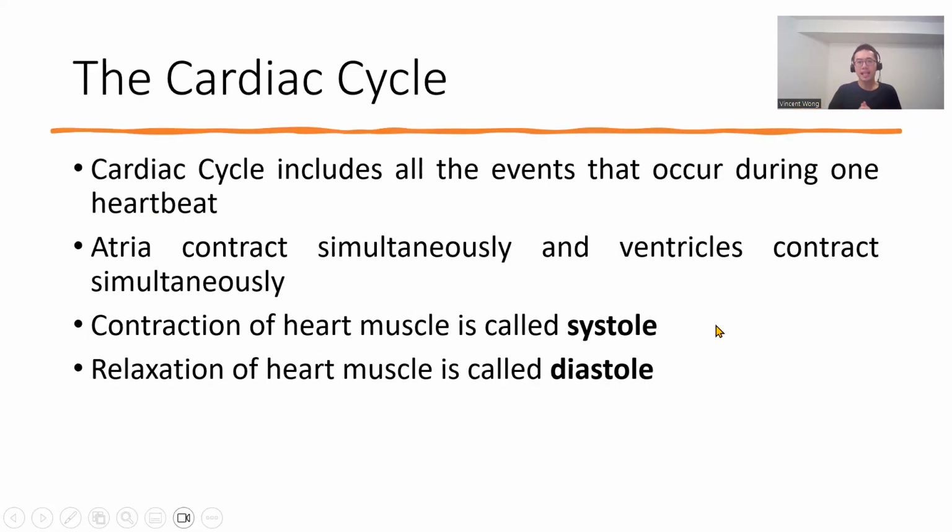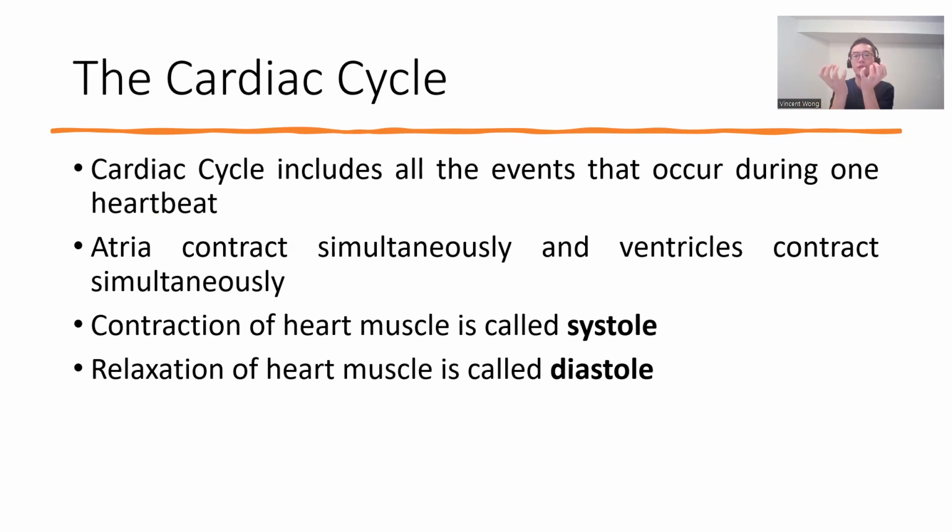So the cardiac cycle is basically everything that happens during one heartbeat. I told you already the atria on the top will contract simultaneously, and that causes the blood to come down to the ventricles. And when the ventricles are filled up, then it's time for the ventricles to contract. When the atria are squeezing, the ventricles are relaxed.